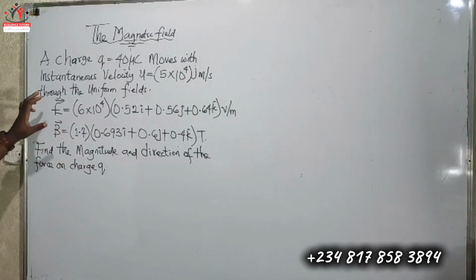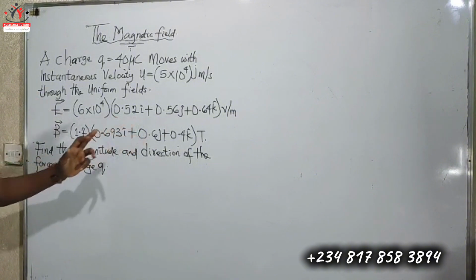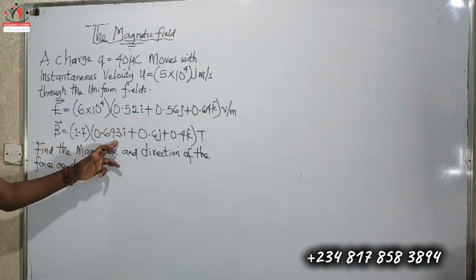So we are given the electric field vector and the magnetic field vector.